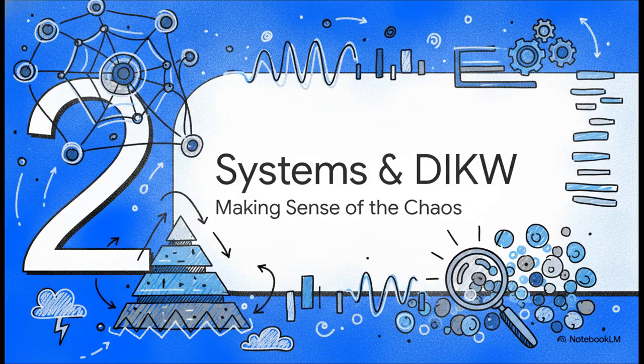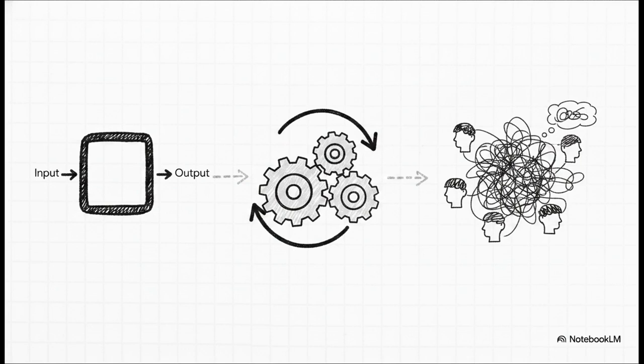Moving on to Section 2, Systems Thinking and DIKW, Making Sense of the Chaos. You know, systems thinking has evolved a ton over the years. We didn't always view organizations as these giant, interconnected machines. Ludwig von Bertalanffy kicked things off with general systems theory, which just looked at basic inputs, processes, and outputs.